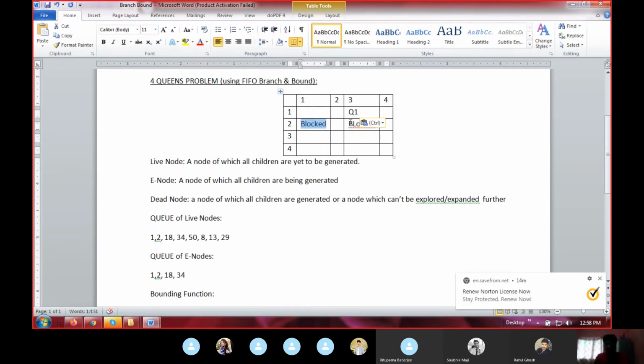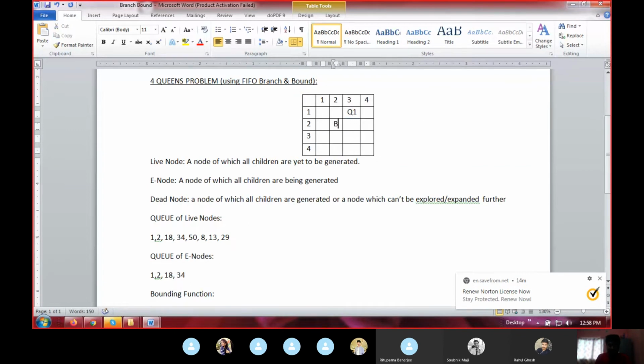So if I place q1 here, this will be blocked, this will be blocked. So available positions for q2 are 1 and 3. Also this is blocked, so only x2 equal to 1 is possible.